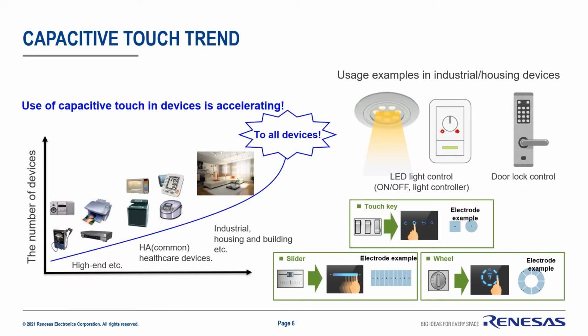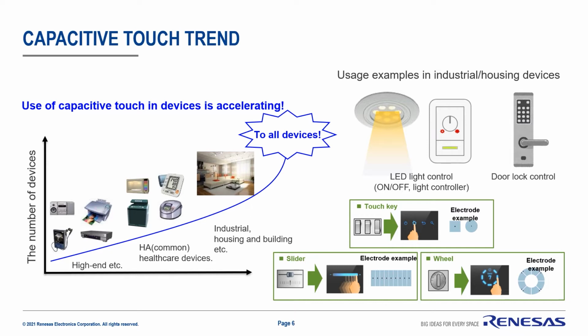The capacitive touch trends. The use of capacitive touch is accelerating. Before, it was reserved for high-end applications. Now, it has become more common. End users request this kind of interface to control their HMI.